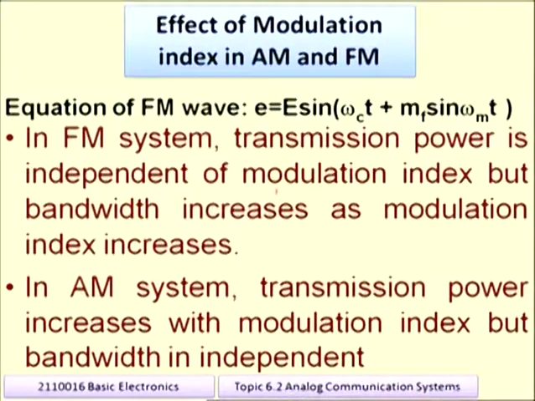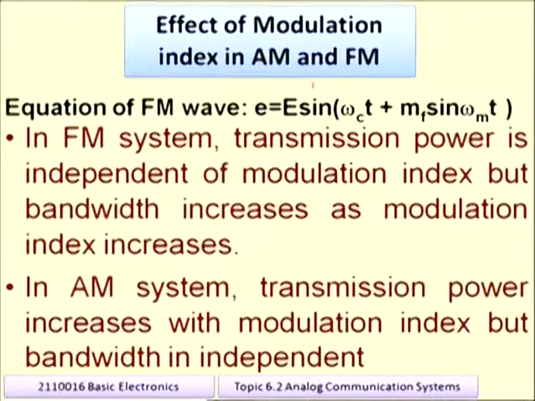Now the effect of modulation index in AM and FM. In FM, transmission power is independent of modulation index, but bandwidth increases with modulation index. So in FM, even if you increase the modulation index, the transmission power remains the same. Only the bandwidth will increase.